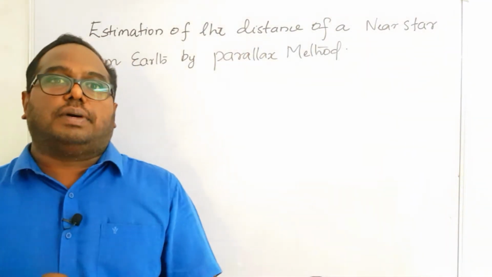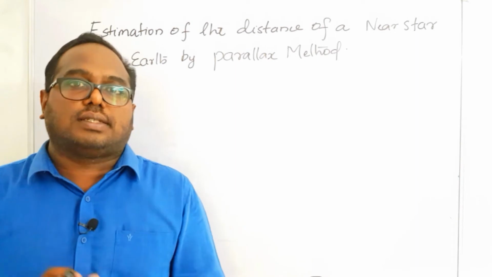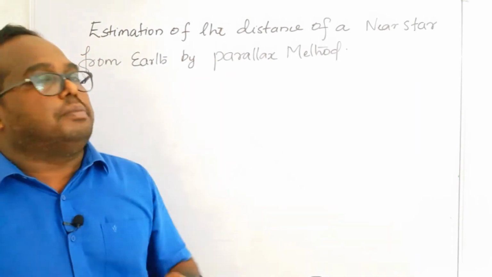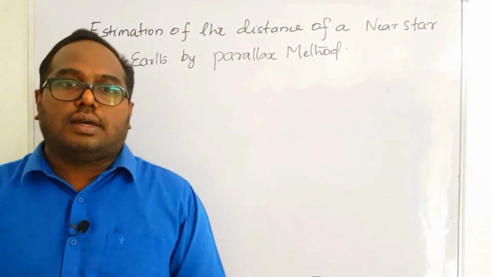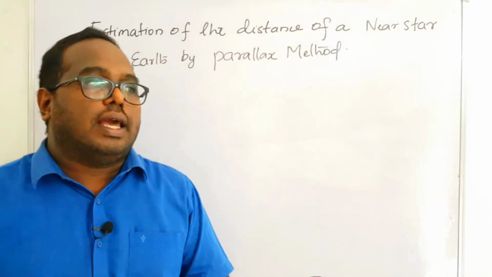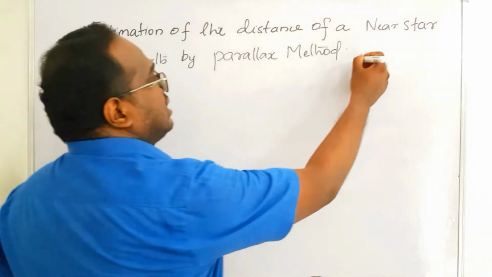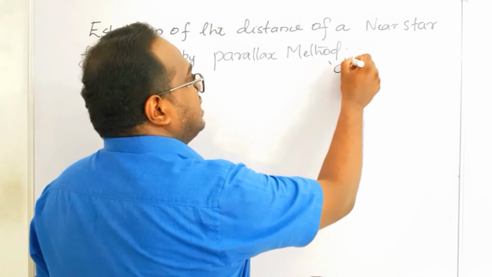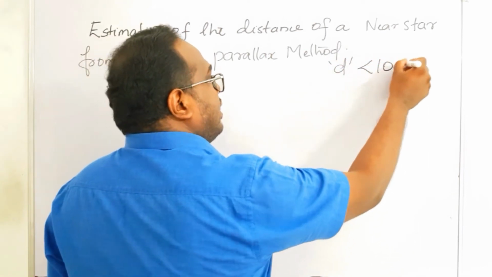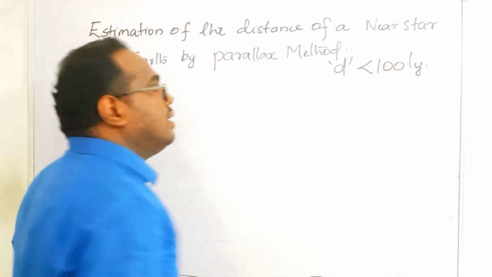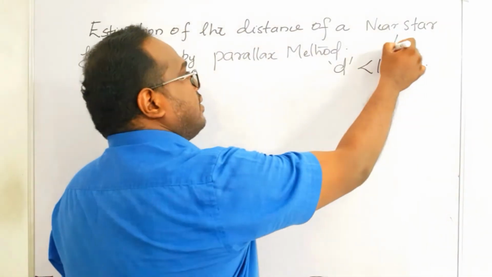Okay. Estimation of the distance of a near star from Earth by the parallax method. Using that method, we can estimate the distance of a near star from Earth. What is a near star and a far star? Near star means the distance, suppose D is the distance, should be less than 100 light years.